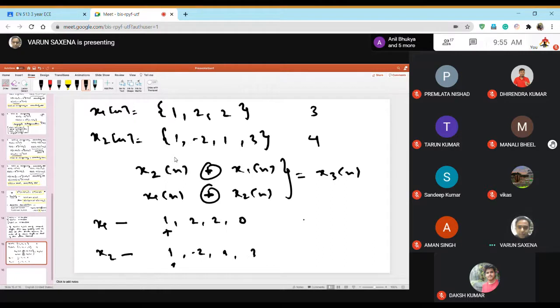So now both of them have length 4, and what you've done is added this 0, which is zero padding. So you make them equal to the length of the longer sequence, and then you perform convolution. The x3 would also be of length 4.